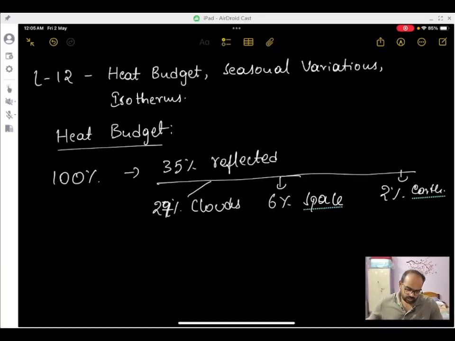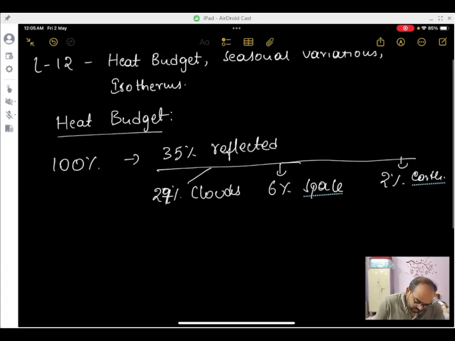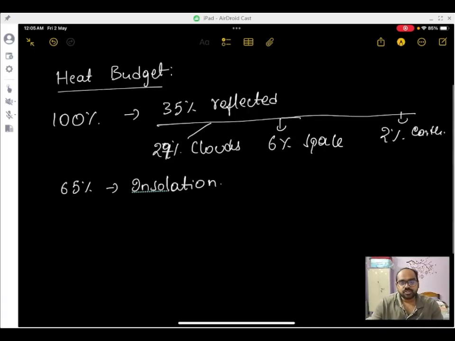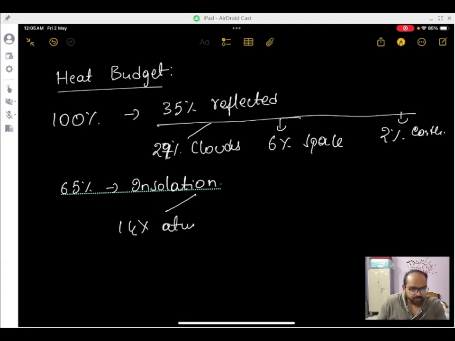So we can say that Earth only receives 65% of insolation. Out of the 65%, 14% is absorbed by the atmosphere.